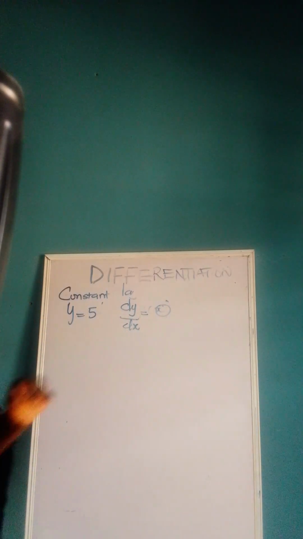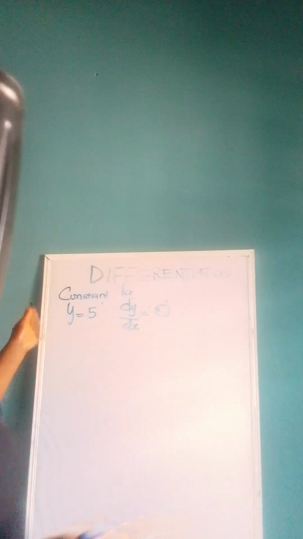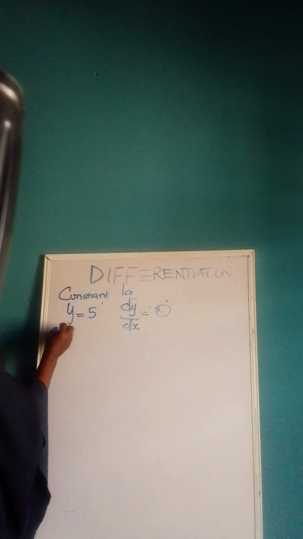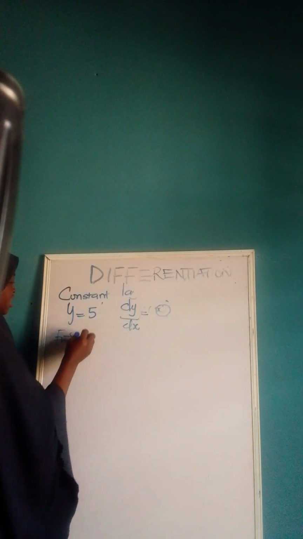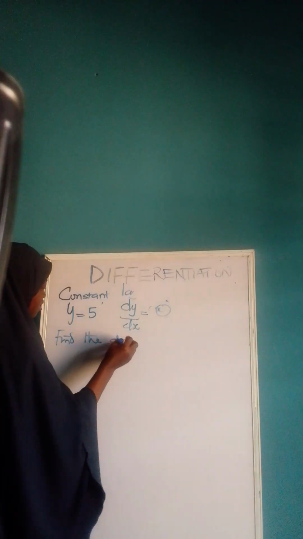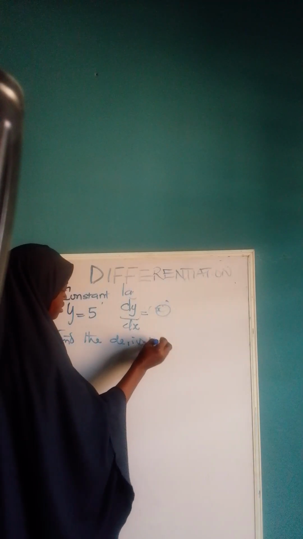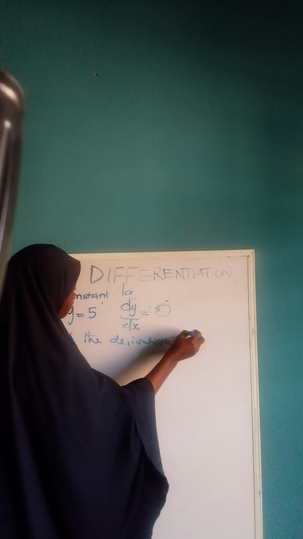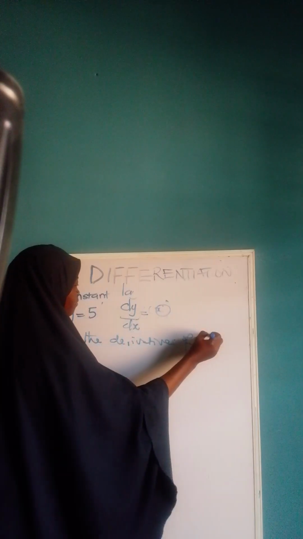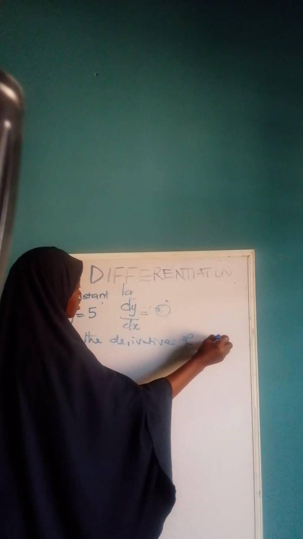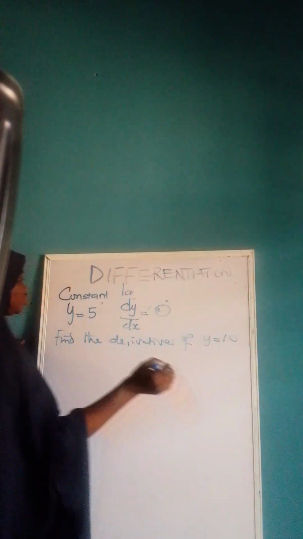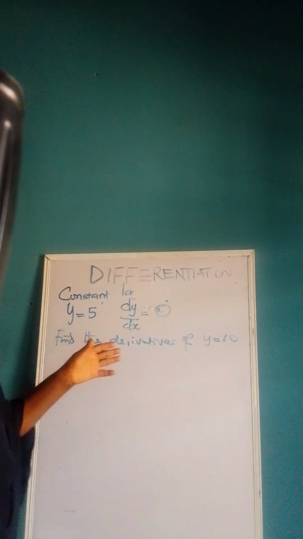So if you are asked in an exam to find the derivative of y equals 10, the only answer that you can produce is 0. The derivative of any number is 0.